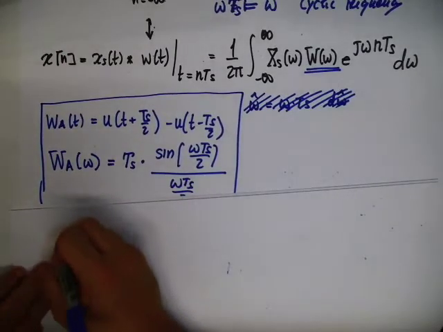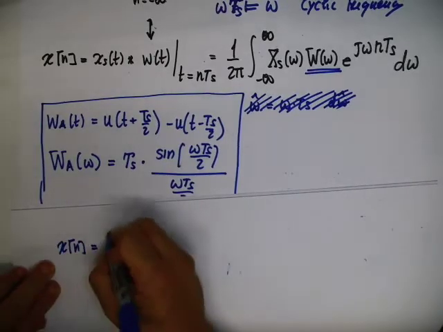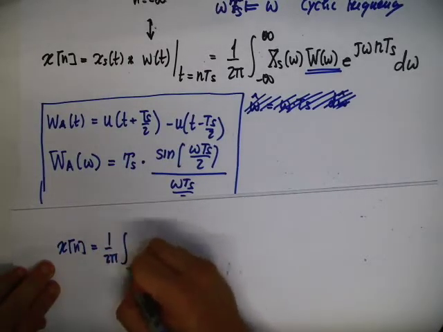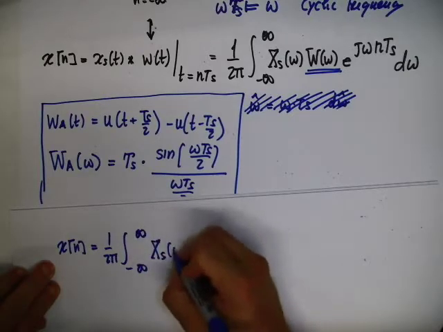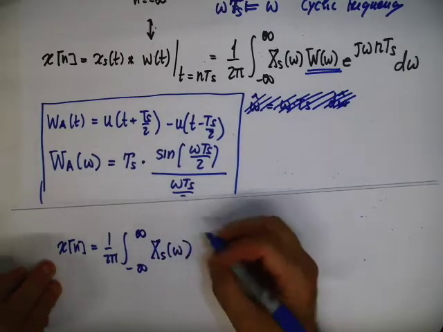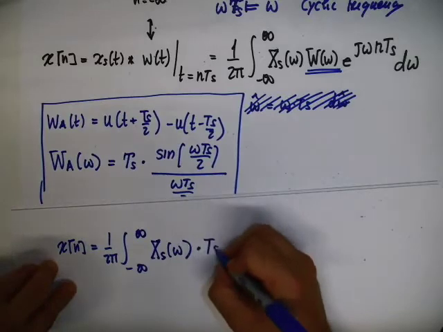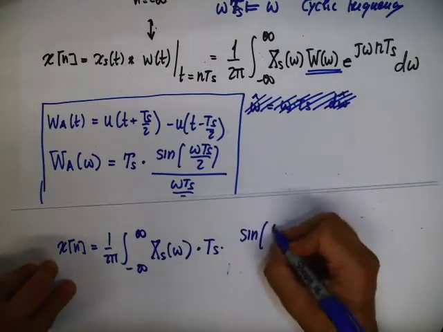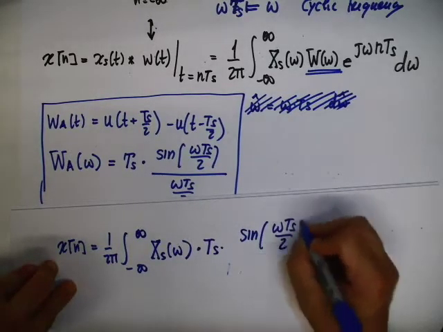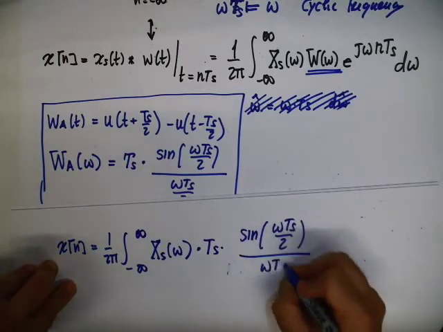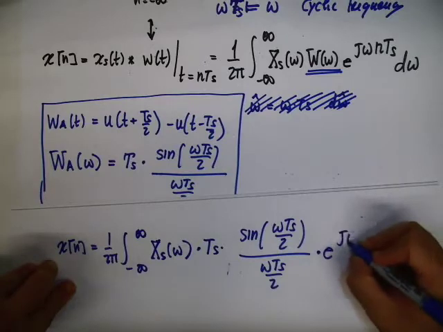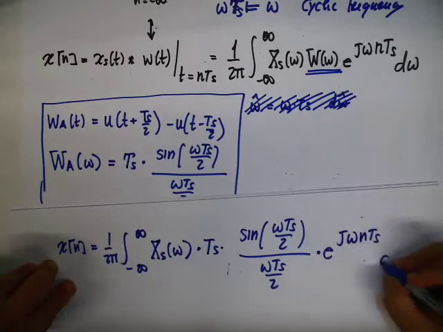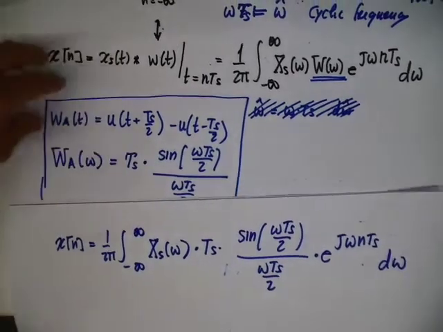So x of n equals 1 over 2 pi, integral from minus infinity to infinity of xs of omega times ts times sine of omega ts divided by 2, divided by omega ts divided by 2, e to the j omega n ts d omega.